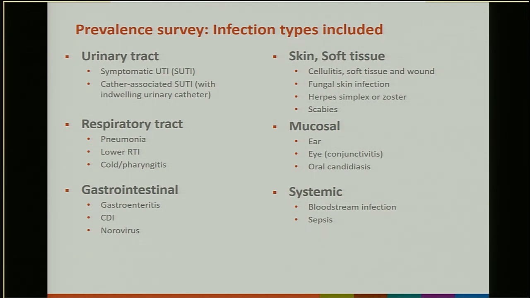Gastrointestinal infections, we had gastroenteritis, CDI, and a norovirus group. We had a group of infections that fall into skin and soft tissue, a group under mucosal, and then a group of systemic infections, which was really looking for the rare occurrences of bloodstream infections or sepsis identified within nursing home residents.